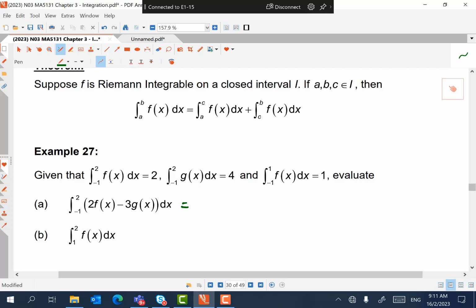So it's minus 8. And then 1 to 2 will be minus 1. Okay, 1 to 2 will be 2 minus 3. What do you get? Part B, you do that.